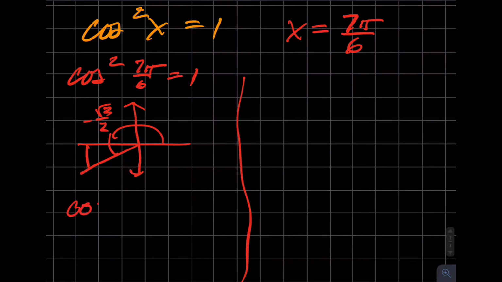So the cosine squared of 7 pi over 6, and I should put a question mark there because we don't know yet, I guess we're questioning it, right? Is it equal to negative square root of 3 over 2? That's actually not true. So the cosine of 7 pi over 6 is negative radical 3 over 2.